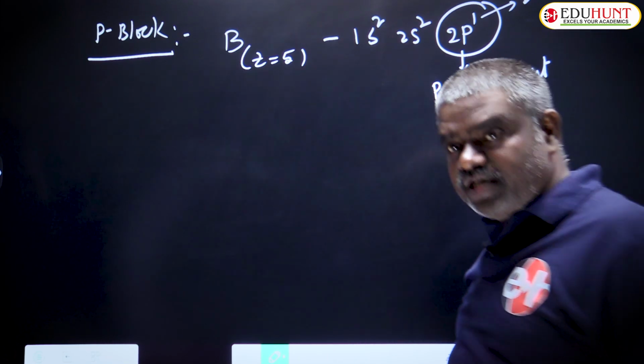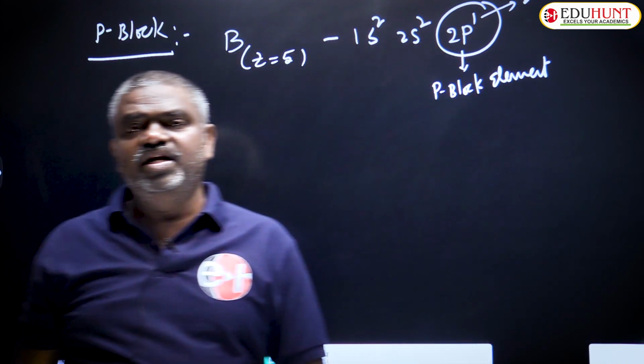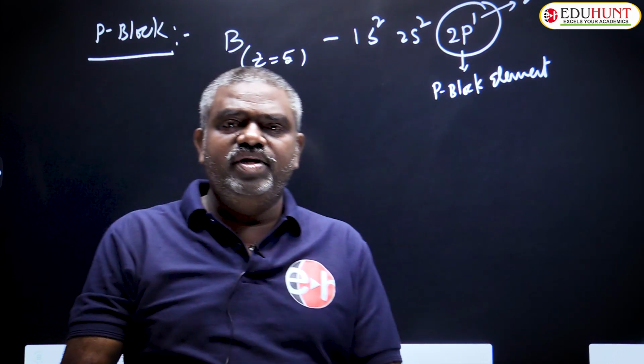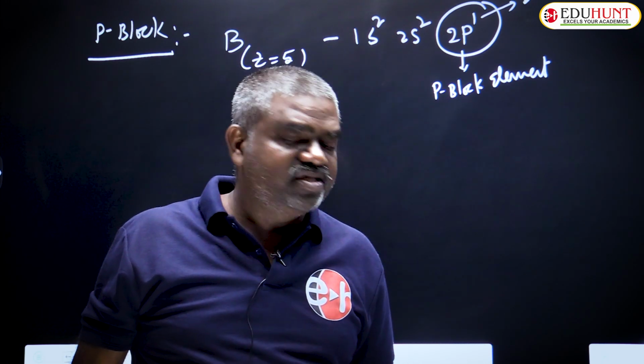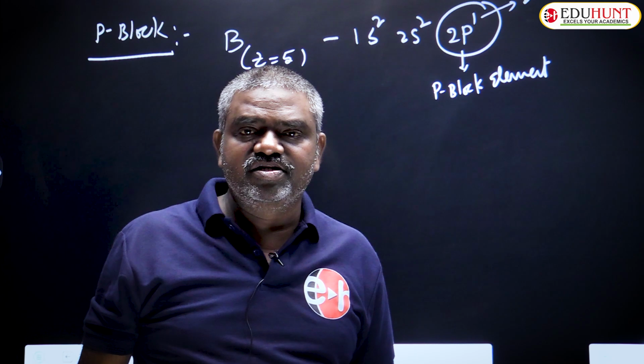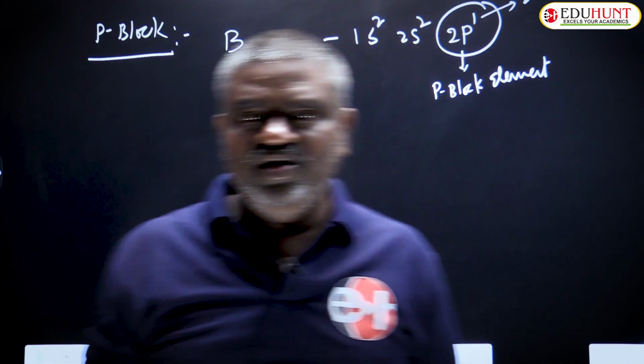So what is the definition? The elements in which the differentiating electron enters into the p orbital are called P block elements. Understood?